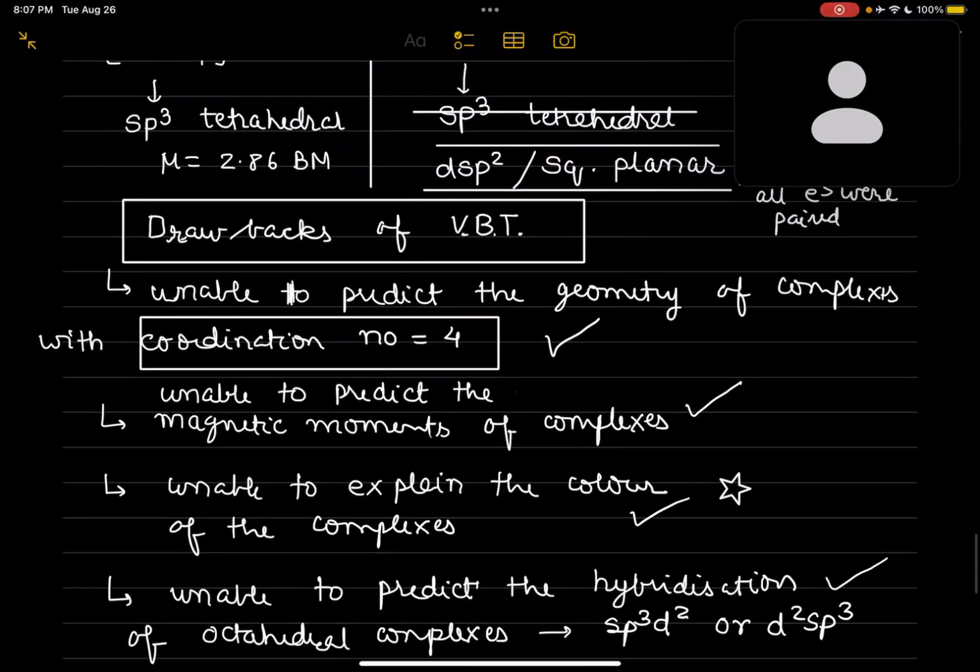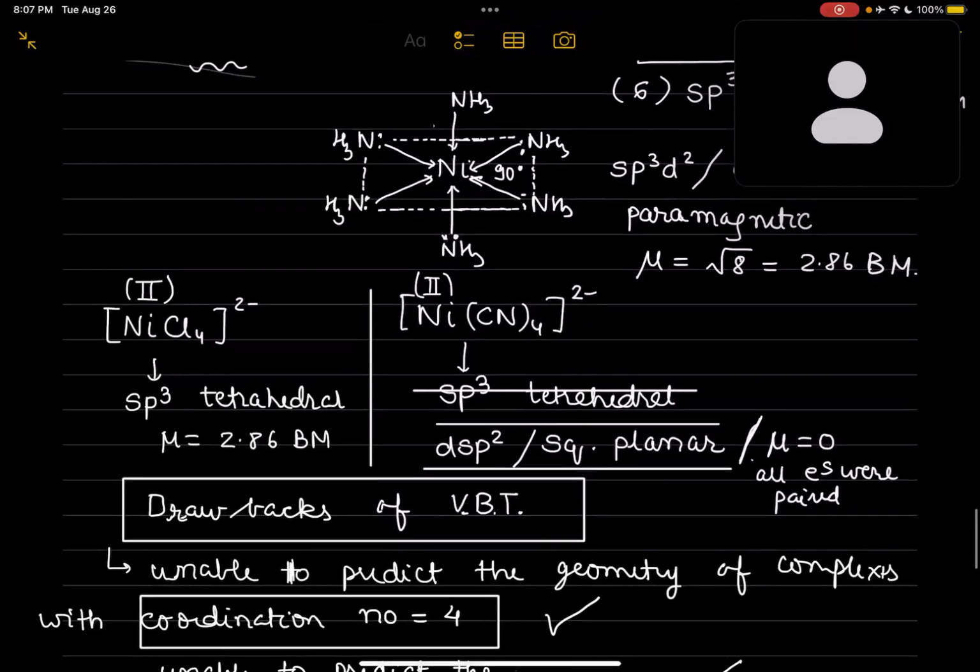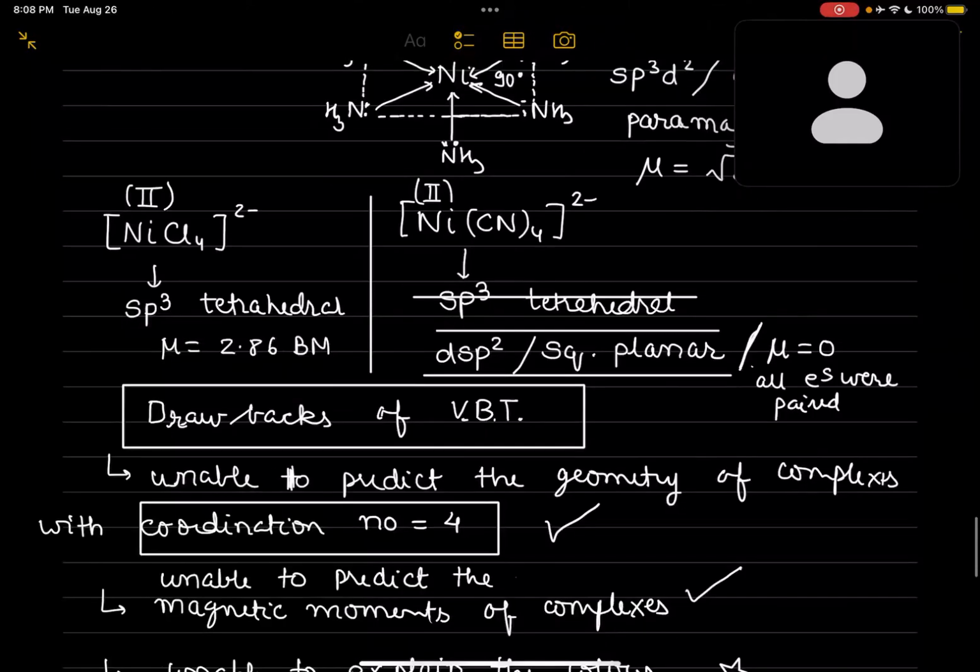Is it clear? The drawbacks. So valence bond theory is unable to predict the geometry and hybridization of complexes with coordination number 4. Because in some cases, we found that the geometry is tetrahedral.